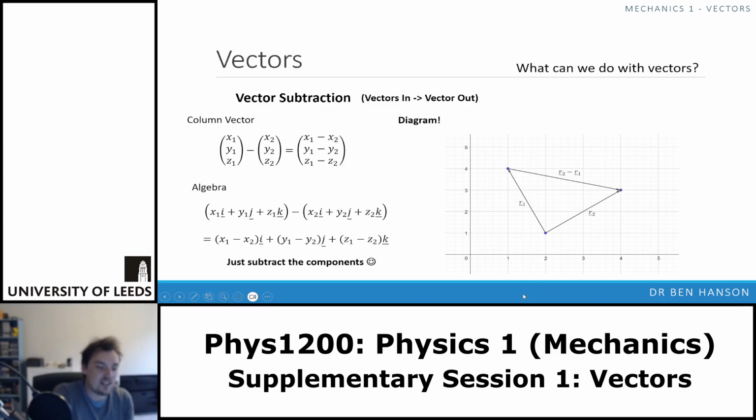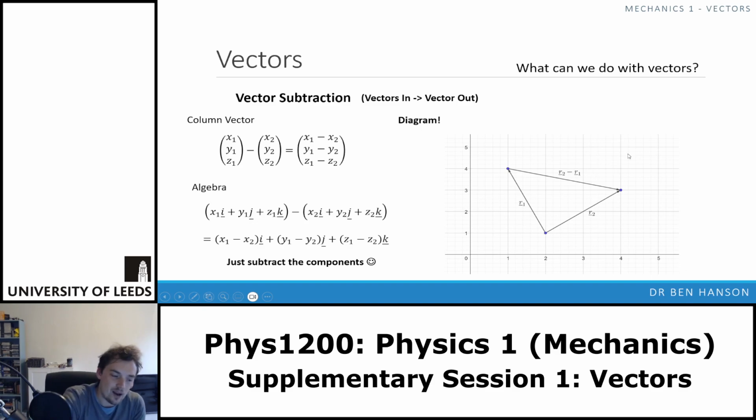A better way of thinking about this is if I've got one vector R1 and one vector R2, and I'm doing R2 minus R1, it's just between the endpoints. From the end point of R1 to the end point of R2 gives you R2 minus R1.